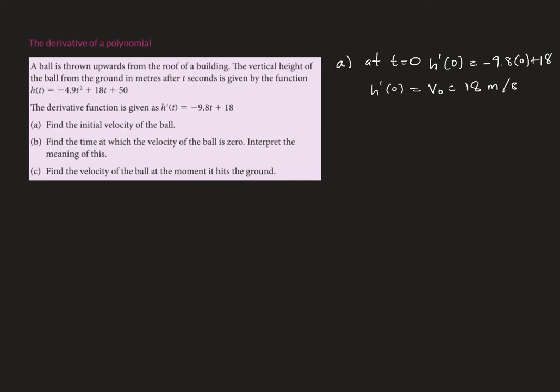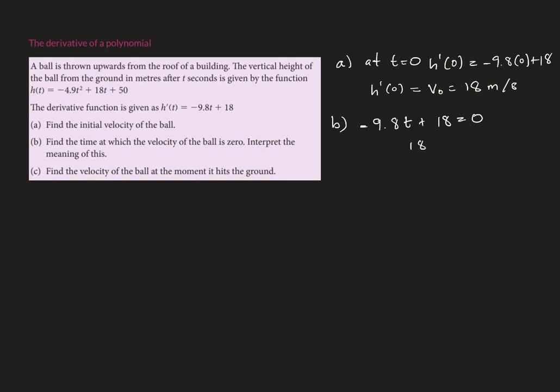Now for B, we have find the time at which the velocity of the ball is 0. So they want us to say when is the ball at rest. At rest, h dash has to be 0. So we want to build the equation minus 9.8t plus 18 equals 0, and then we solve for t.